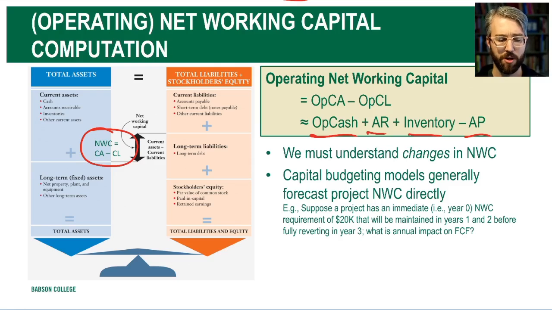There may be some other operating current assets and some other operating current liabilities, but these are typically the big ones. Once we've estimated the operating net working capital associated with the product, we can use changes in that period-by-period operating net working capital forecast in order to think about the cash flow impact of the changes. Okay. So, generally, we're going to forecast period-by-period operating net working capital, and then we'll use that to think about changes.